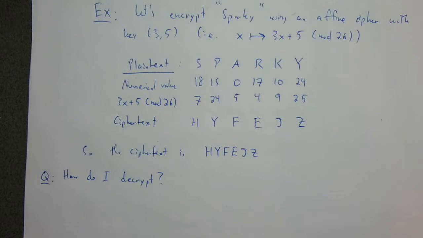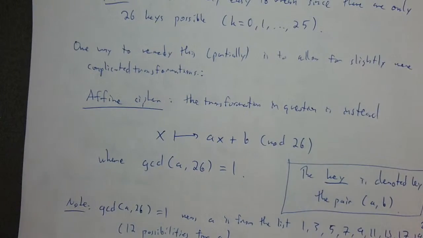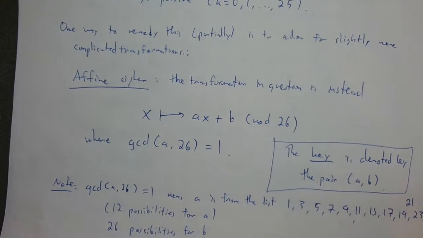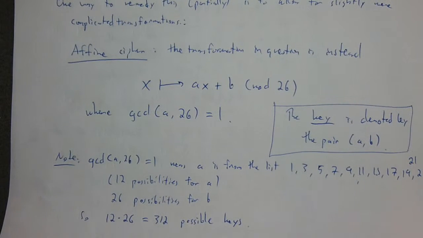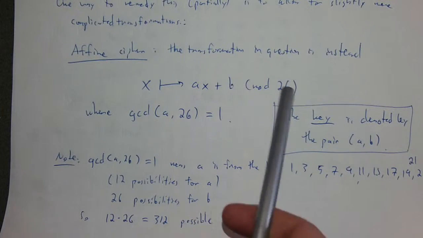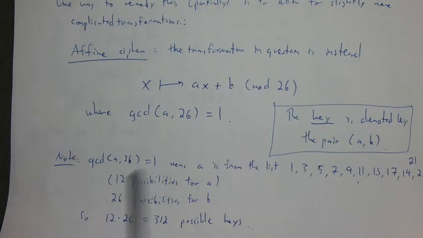So I go back to my definition of Affine Cipher, and I noted that I computed how many possible keys there were. Since this is all mod 26, there was 26 possibilities for B. But because I had this requirement that the GCD of A and 26 is 1, because I wanted A to be relatively prime to 26, this restricted how many possibilities I had for A.